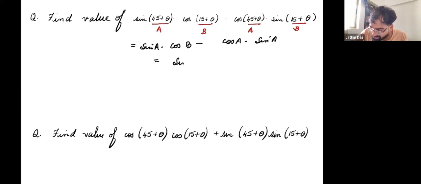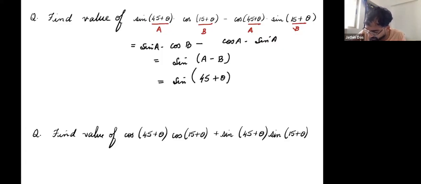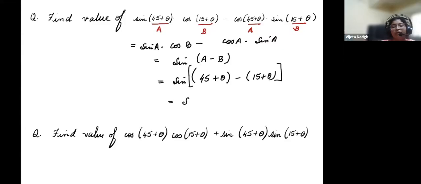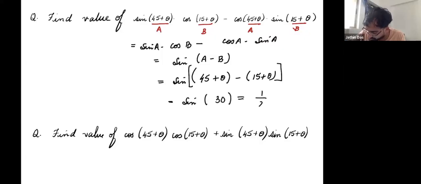So this is how the application of that formula comes. Sine A minus B, that is sine of 45 plus theta minus 15 plus theta. So that is sine 30, which is half. Direct.